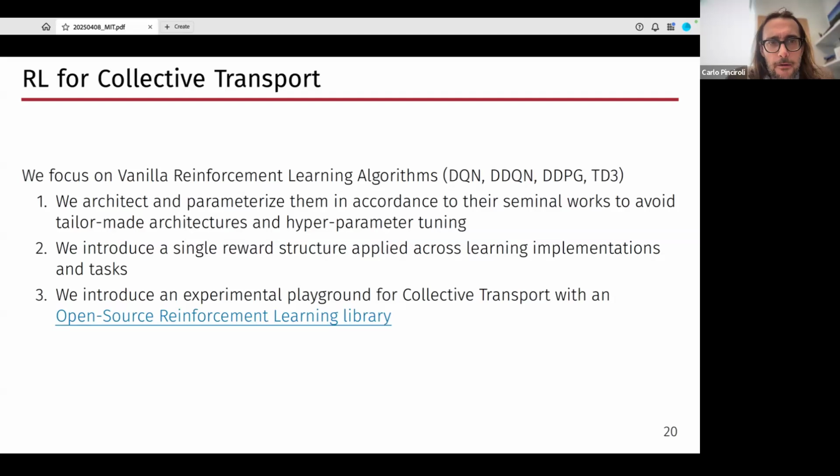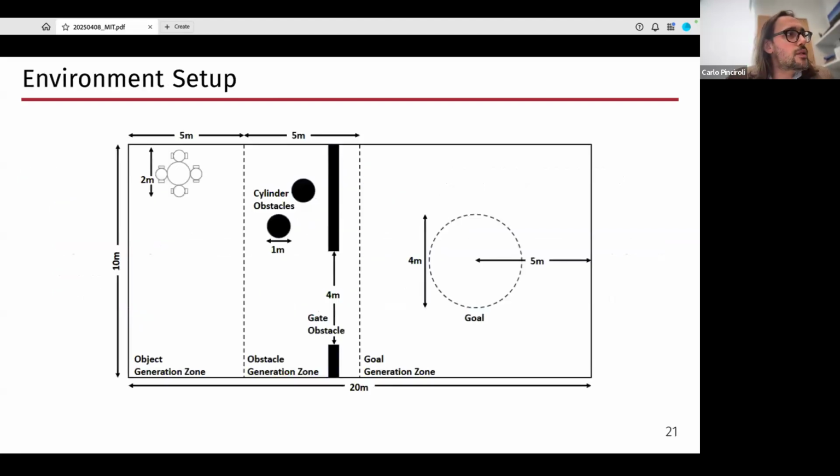So we create our algorithm based on these, and then we invented a very simple reward structure that we can reuse across all of these different algorithms, and then we made some code that you can actually play with. So the environment looks like this for us.